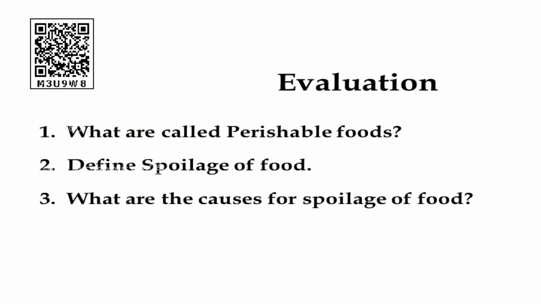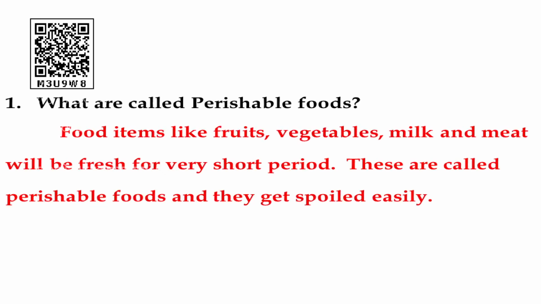What are called perishable foods? Second one, define spoilage of food. Third one, what are the causes for spoilage of food? What are called perishable foods? Food items like fruits, vegetables, milk and meat will be fresh for a very short period.